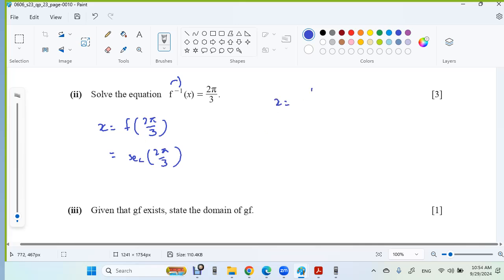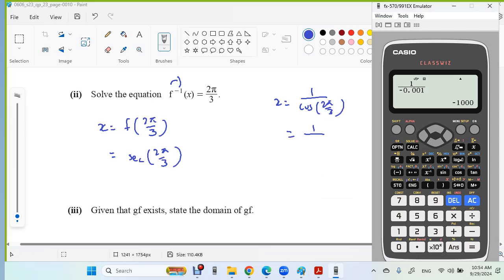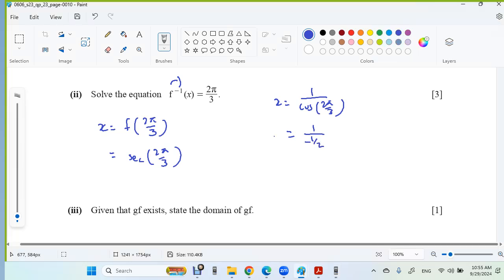So the x is 1 over cos 2 pi over 3. 1 over cos of 2 times 180 divided by 3, that is 120. This one you have to change to degrees. Cos 120 is -half. So the x will be -2.